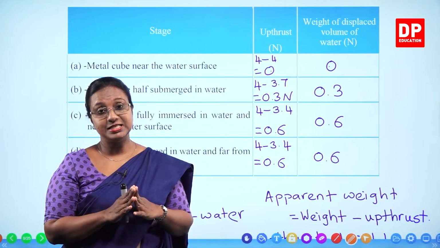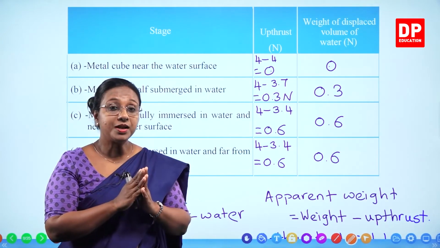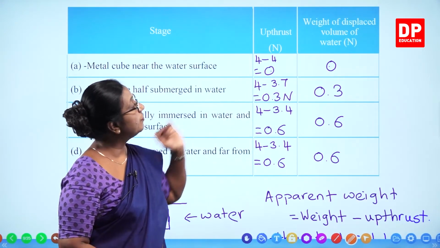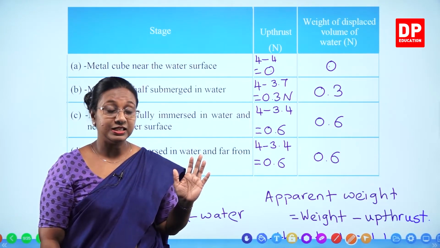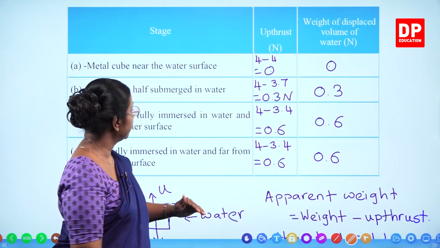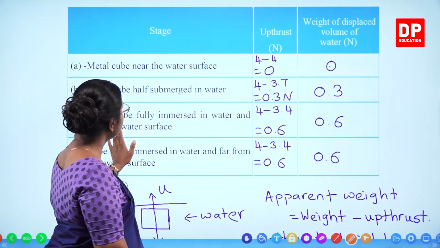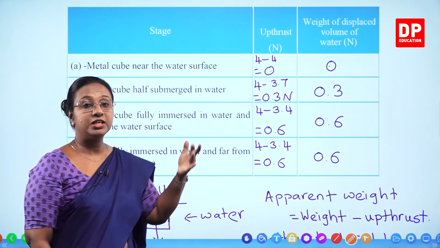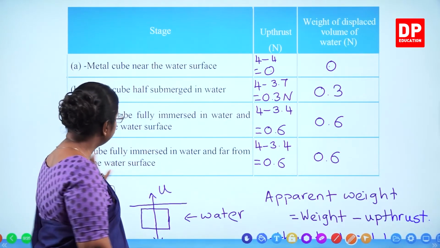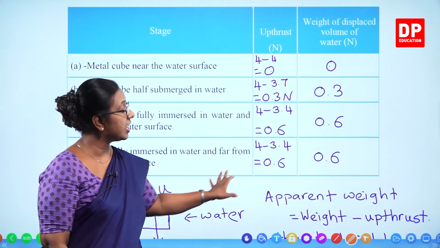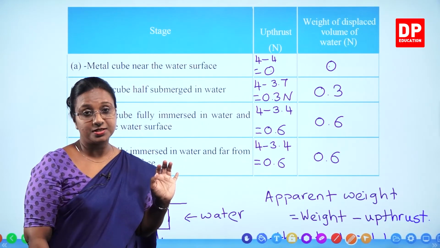Whatever the instance is, the upthrust is equal to the weight of water displaced. Is that clear to you? Also, when it is half submerged and fully immersed in water, you can see the upthrust becoming double. But when you push it further down, there is no change in the upthrust.